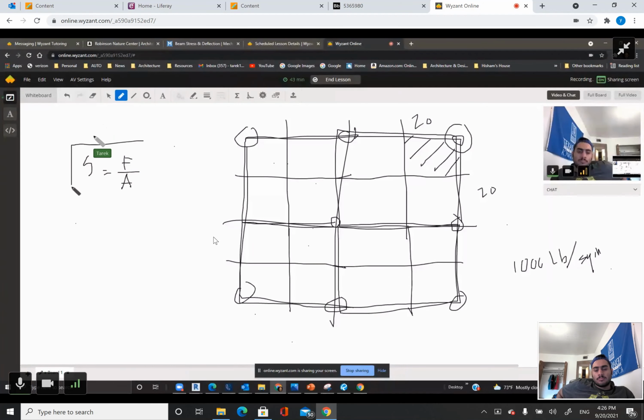Do you remember this formula from your structures class? Yes. So, stress is in pounds per square inch, and pounds is the force, and A is the area.